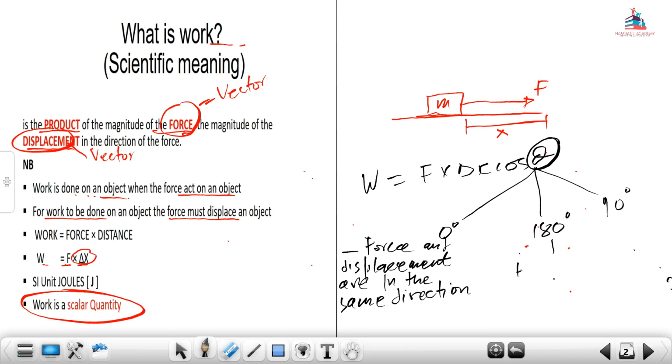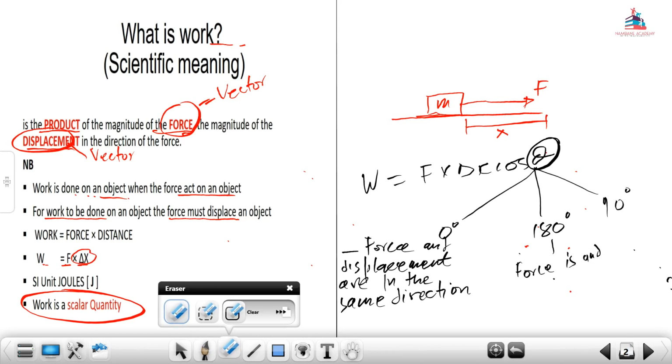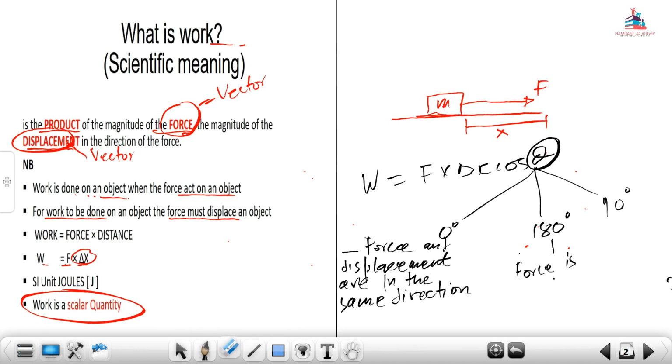And then we'll use 180 if the force is in an opposite direction with displacement.